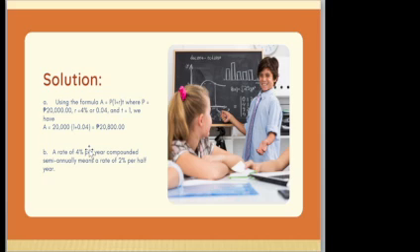We have A is equal to 20,000 times 1 plus 0.04 is equal to 20,800 pesos. So that's the compound amount for 1 year. It's 20,800. And in letter B, a rate of 4% per year compounded semi-annually means a rate of 2% per half year.